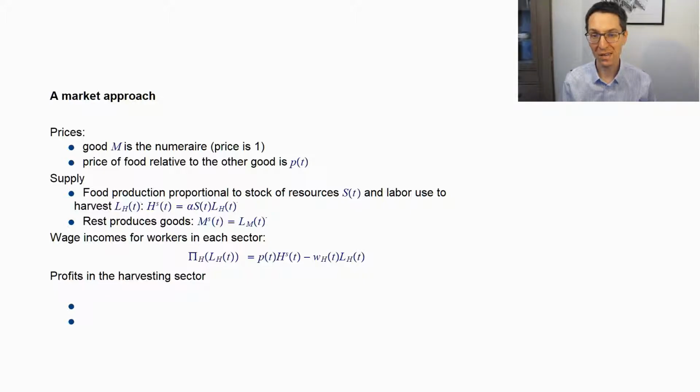Of course, harvest is in fact a function of how many workers work in that firm, so we can't leave it that way. Let's substitute H^S_t, and we get this profit function, which is equal to P_t times alpha S_t L_H,t, how much is produced by a certain number of workers, minus wages W_H,t multiplied by L_H,t.